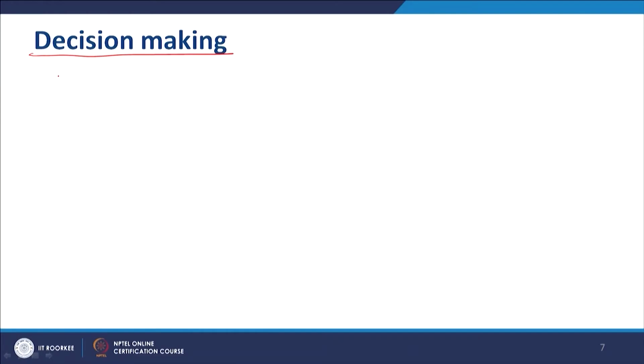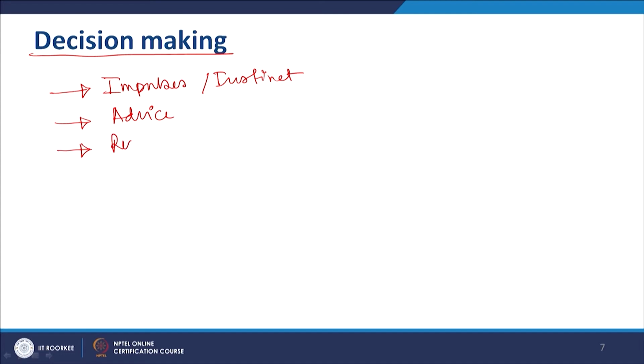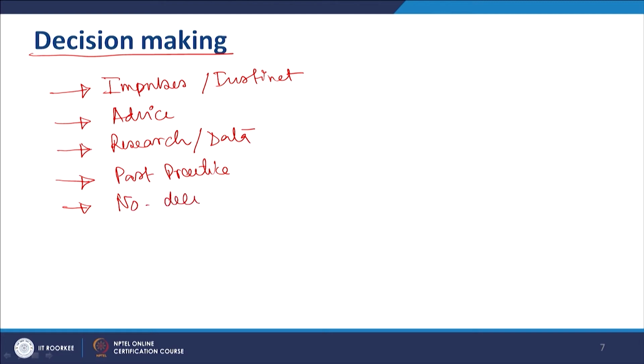I have talked with many people, many students, many professionals. Sometimes we take decisions based on our impulses or instinct. That is what people say. Sometimes we take decisions based on advice. Sometimes based on our research and data. Sometimes based on our past practice. Sometimes we do not take a decision.